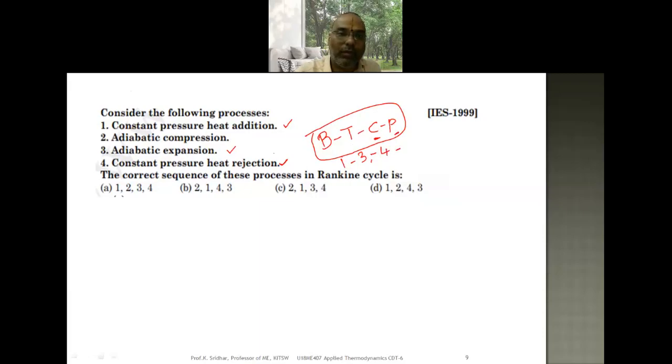And in the pump, a reversible adiabatic compression process takes place, that is 1, 3, 4, 2. So these are the basic processes taking place in the Rankine cycle. Now the answer will be 1342, but there is no option of 1342.